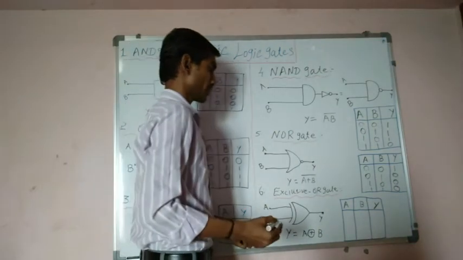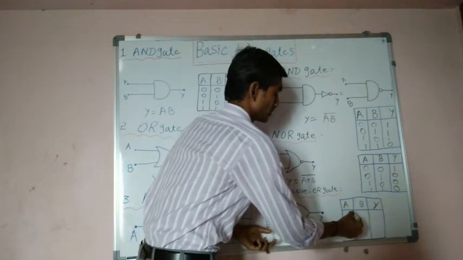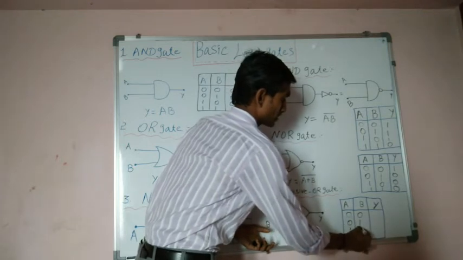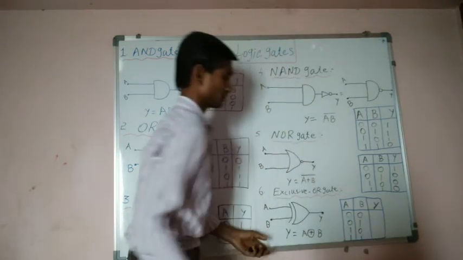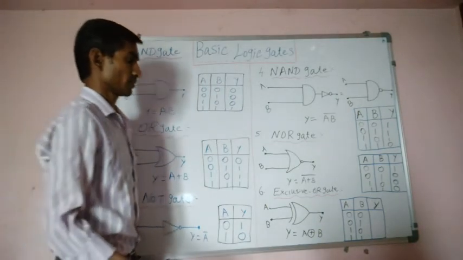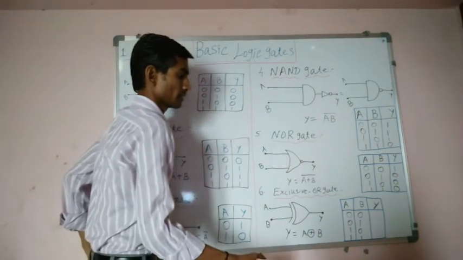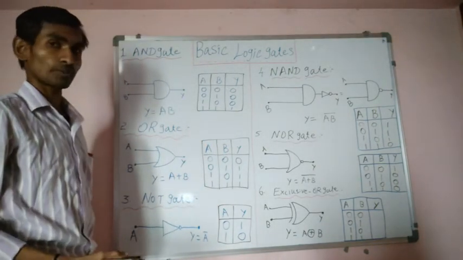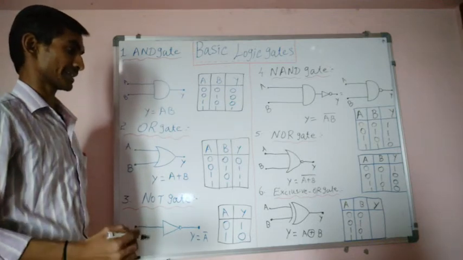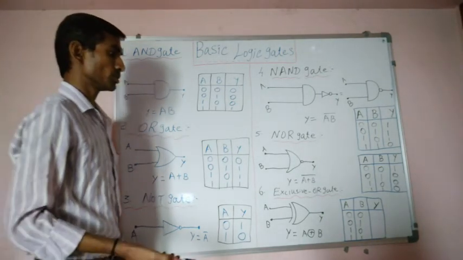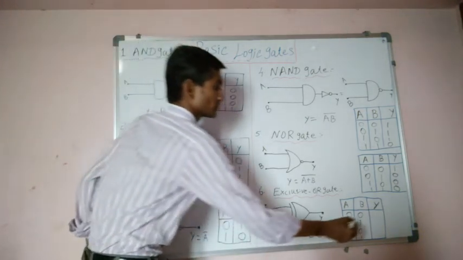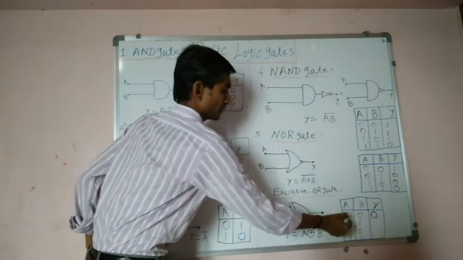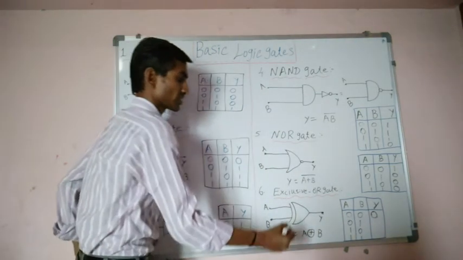Here we are going to write the truth table 0, 0, 0, 1, 1, 0, 1, 1. So we are going to write the output of the exclusive OR gate operation. If the two input variables are the same, we will get the output 0.